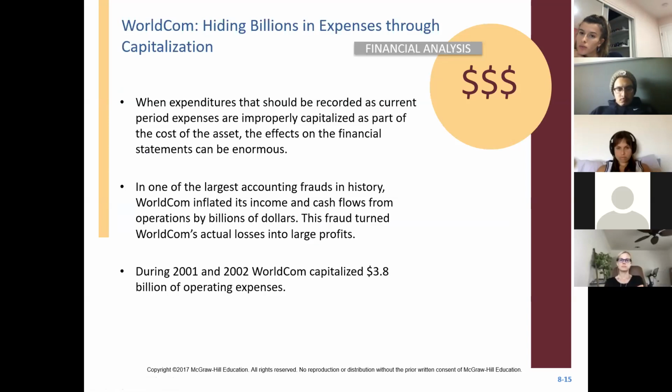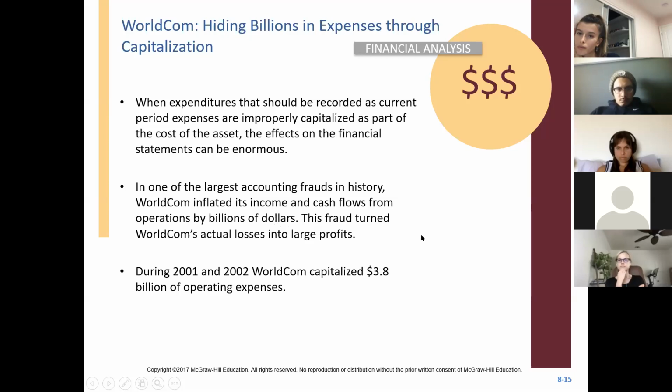Oh, here we go, WorldCom. Hiding billions through capitalization. When expenditures are recorded as assets instead of expenses, that's terrible. In one of the largest accounting frauds, WorldCom inflated its income, and it turned big losses into big profits.